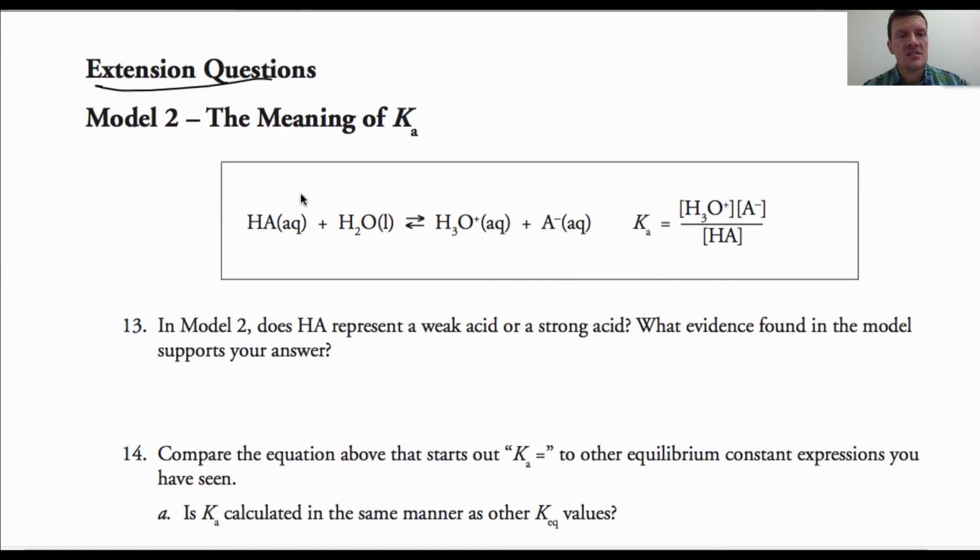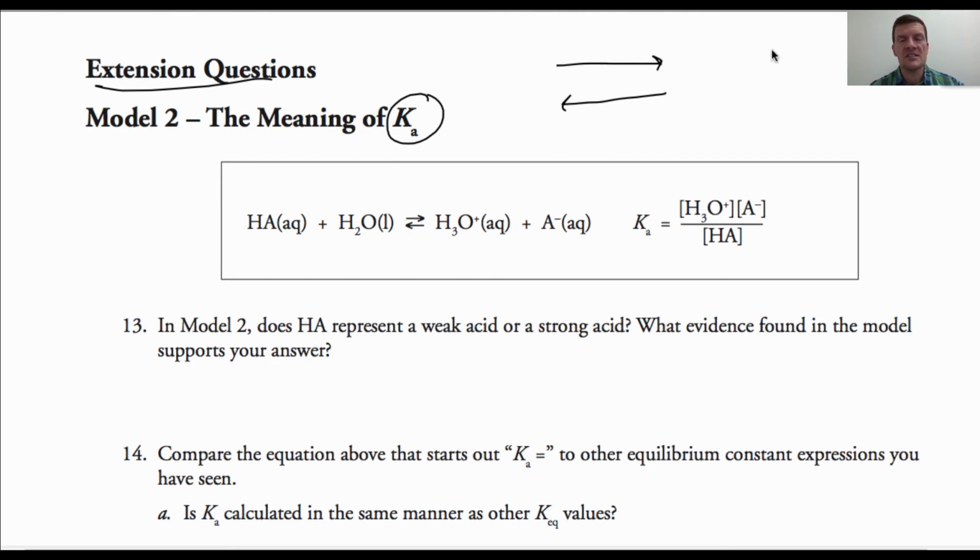Our extension questions today, we're going to be looking at something called the equilibrium constant expression. As mentioned in a previous video when we talked about equilibrium, equilibrium happens when you have a reversible reaction and you have the forward direction of the reaction occurring, the reverse direction occurring, and over time you're going to have both directions happening at the same rate.